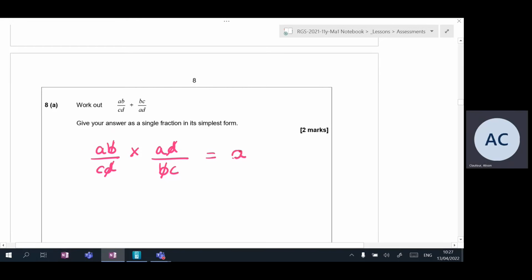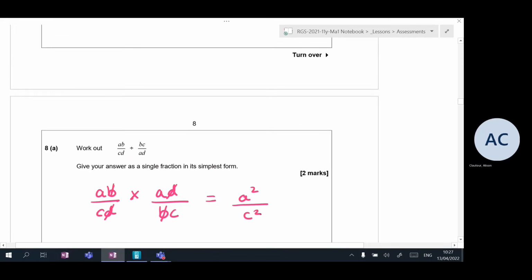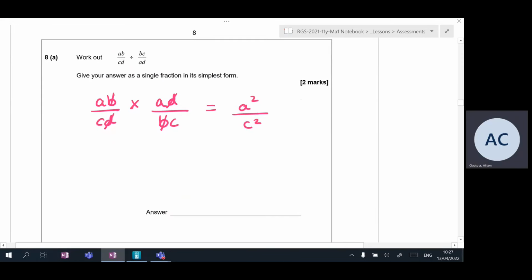So I'm left with A squared on this side, and then C squared on the bottom. Pen is not happy today. There we go. Okay, so it'll just be A squared over C squared.